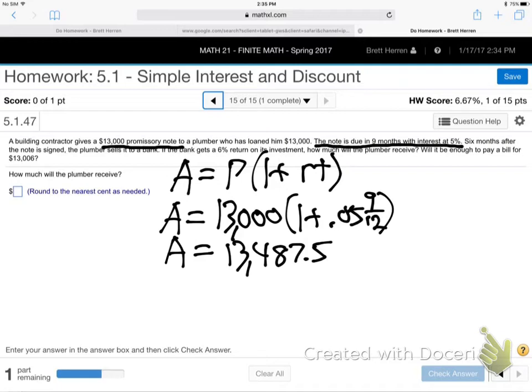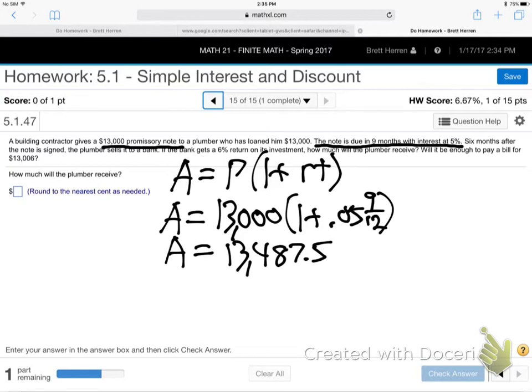Okay, so 13,487.5. That's the 9 months, right? The note is due in 9 months, so the bank will be paid that at the end of the 9 months.